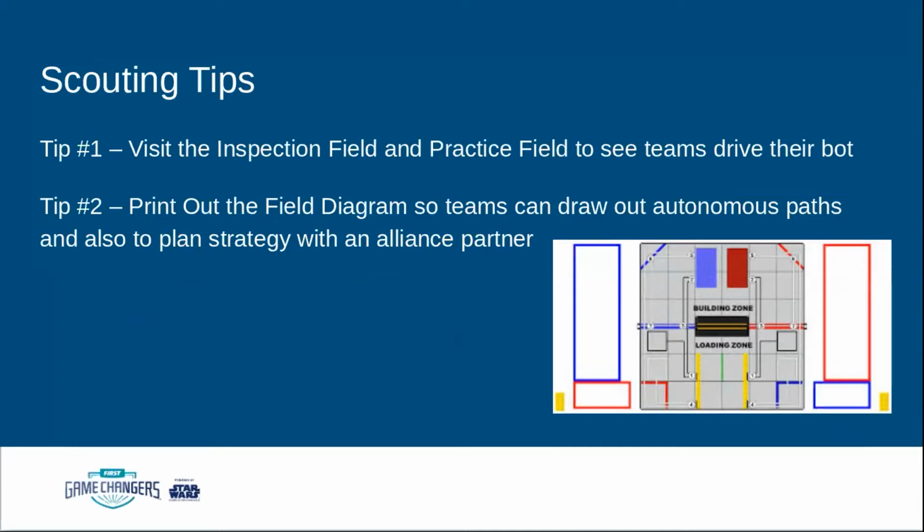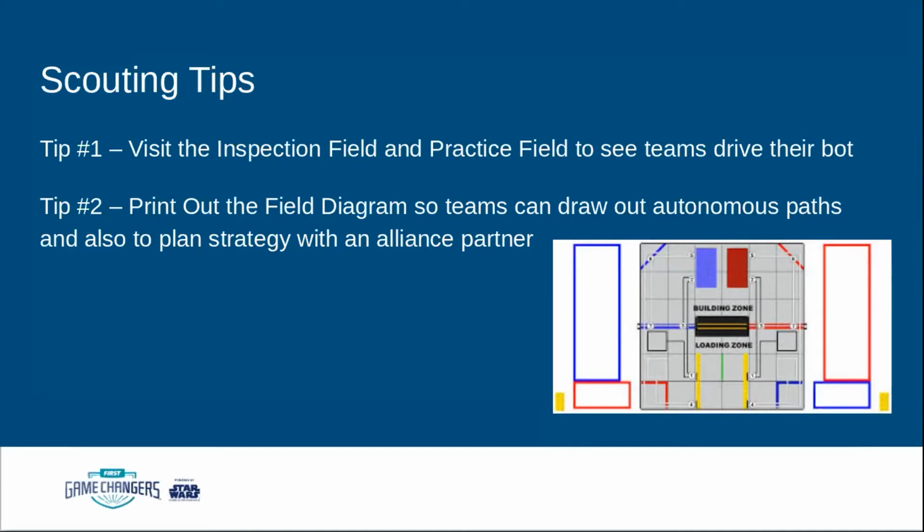Our first tip is simply to visit the inspection field and the practice field. So really, scouting is a process that should start as soon as you enter the tournament. As soon as you're going through the inspection process, feel free to look around and talk to other teams. Look at their robots.